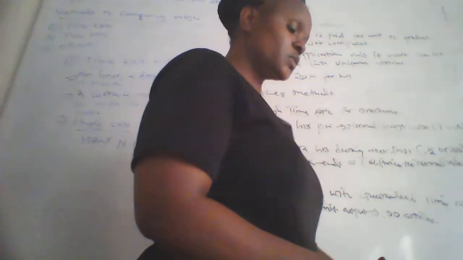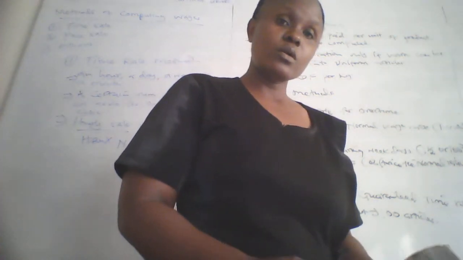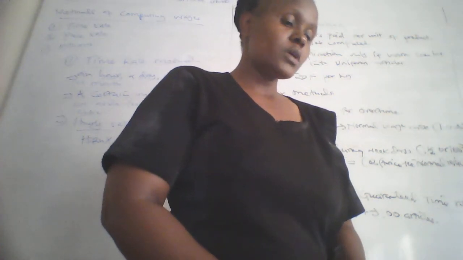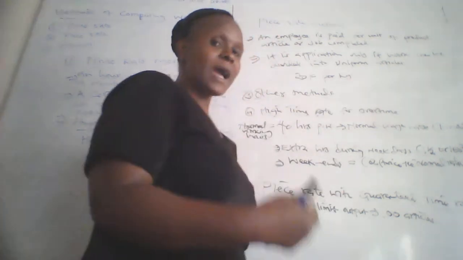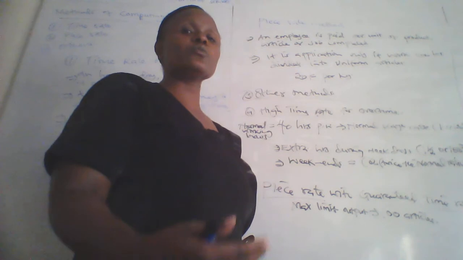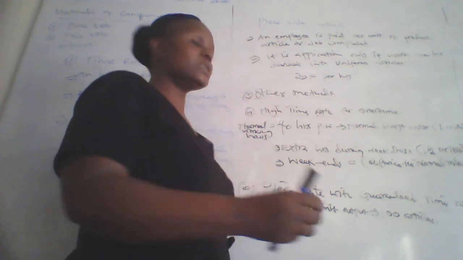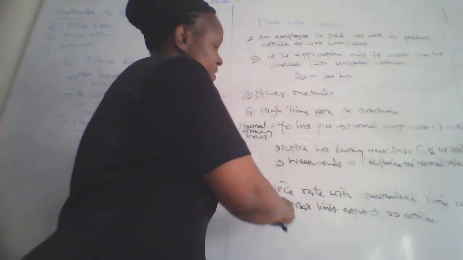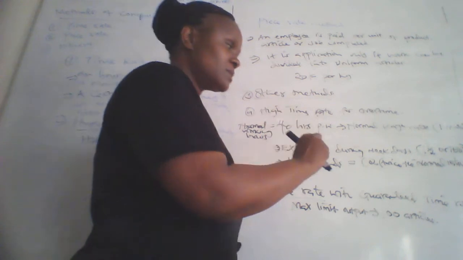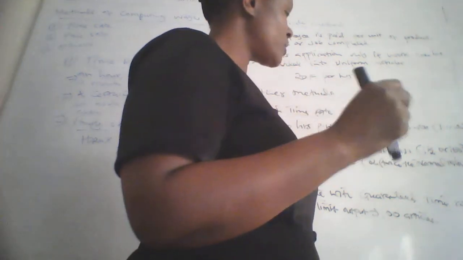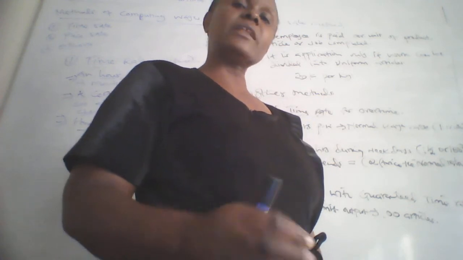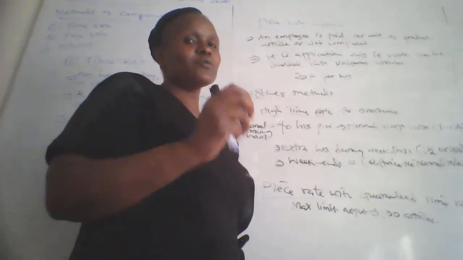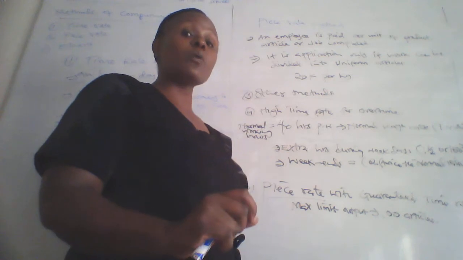So if you produce more, you are going to be paid per article. The extra articles which you produce, you are going to be paid using the piece rate. But if you produce the same number of articles, you will receive the normal payment. And if you produce less, you receive the normal payment.